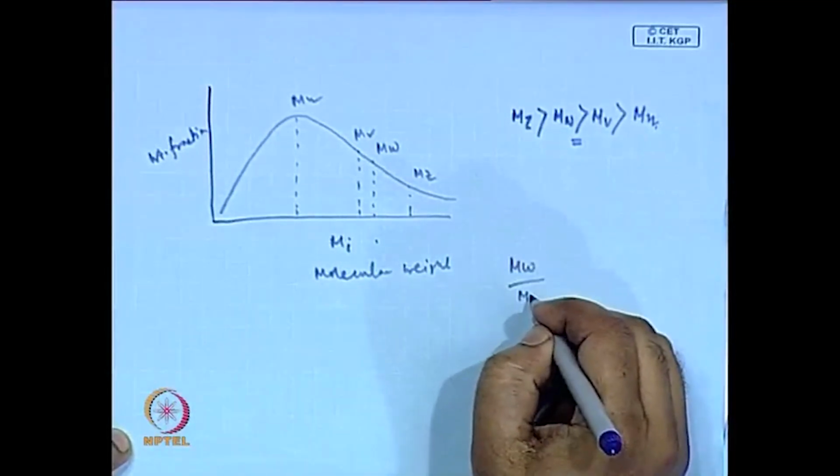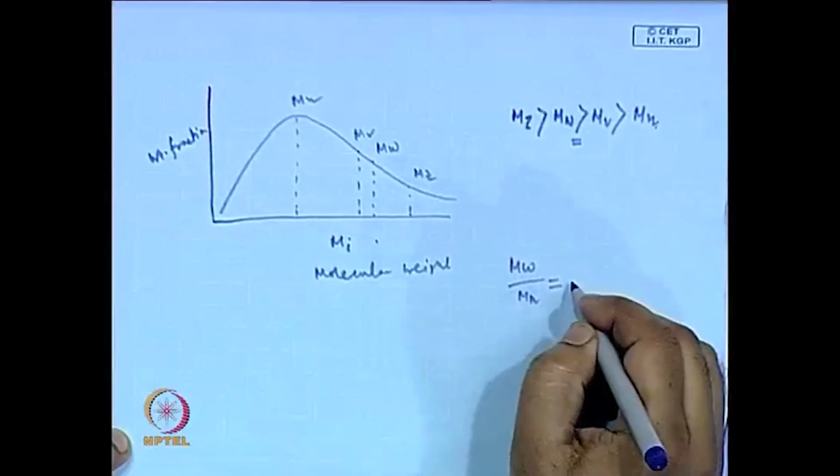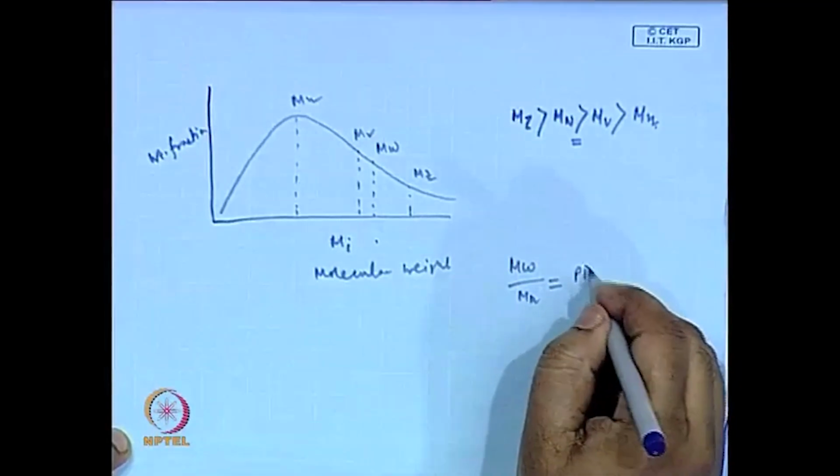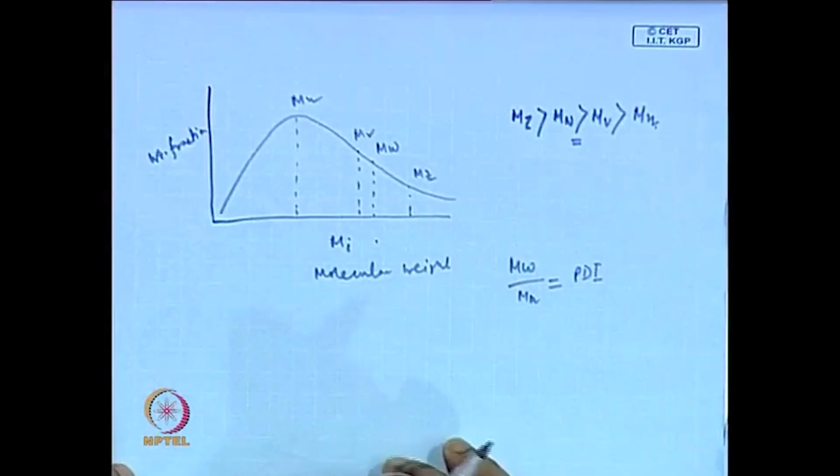And remember, Mw by Mn is the PDI, polydispersity index.